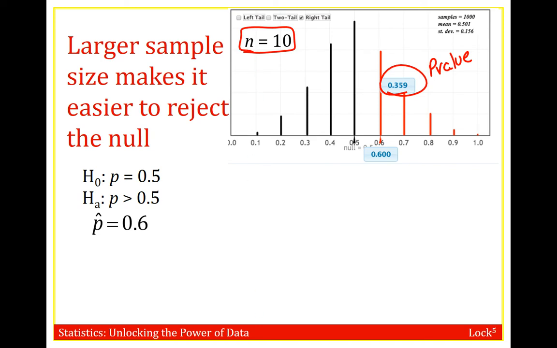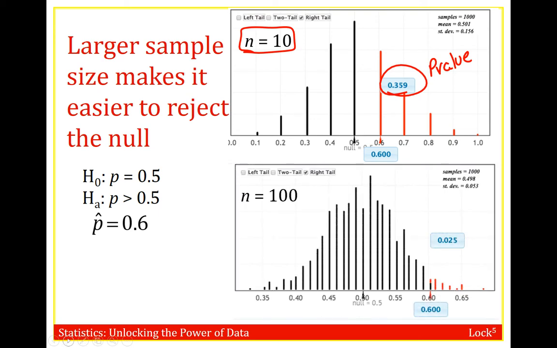I'm going to rerun that exact same test, but now I'm going to put 100 n's in. Look at what happened to the p-values. Simply increasing the number of n decreased the p-value to a significant level. You never would have rejected with 0.359, but you definitely would reject with 0.02. You would have rejected at a 5% alpha.